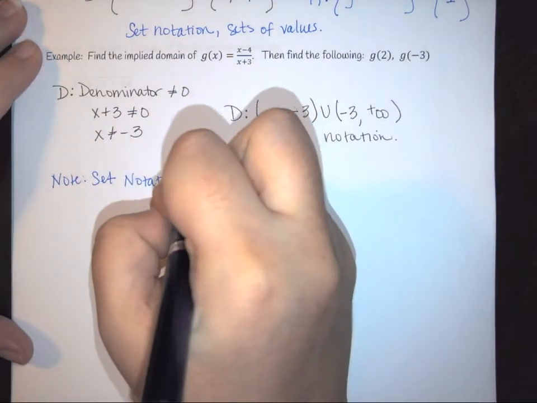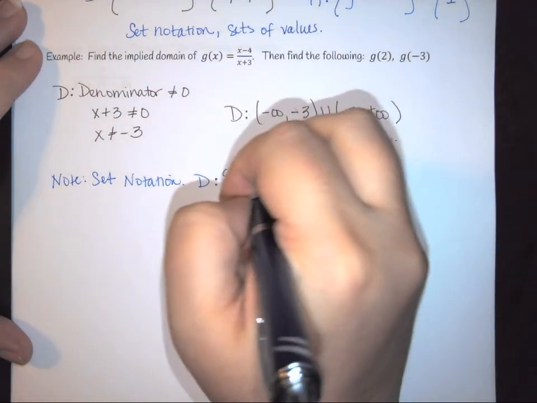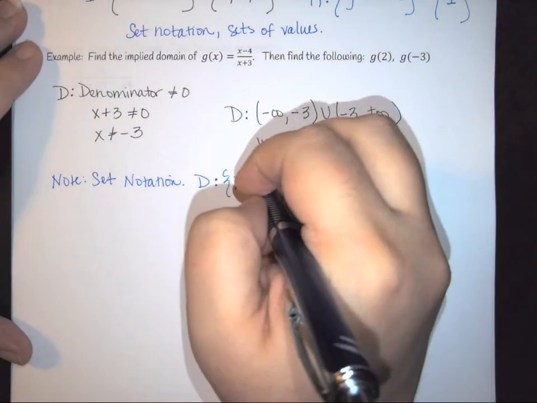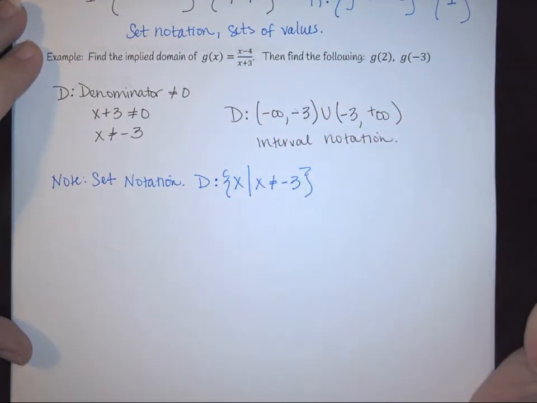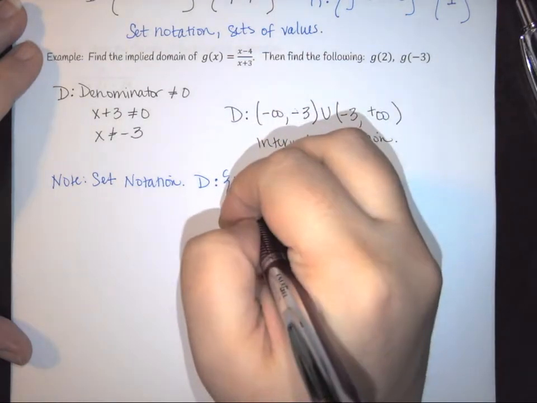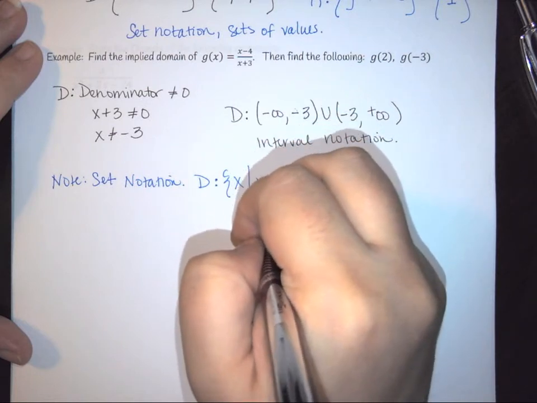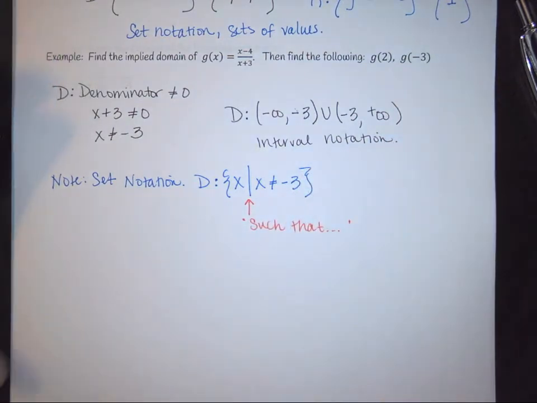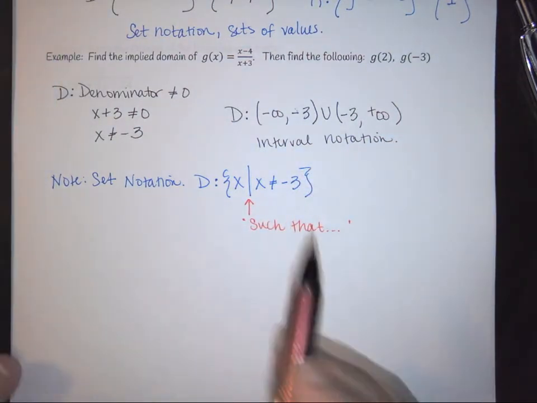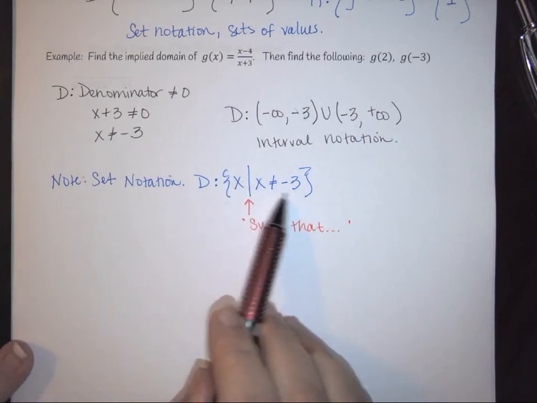So set notation would say that the domain is going to be the following set, x such that x cannot be negative 3, and close it. Now, when we're working with set notation, one of the things you have to remember is that this vertical bar here is the word or the meaning such that, and then it's basically the following occurs. So we're identifying the variable such that the definition occurs.